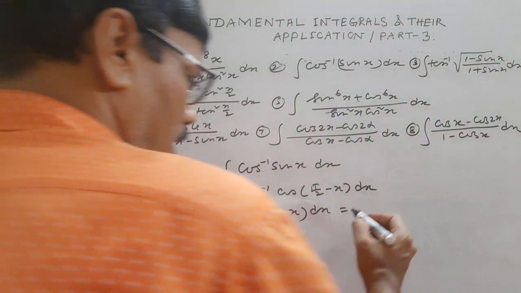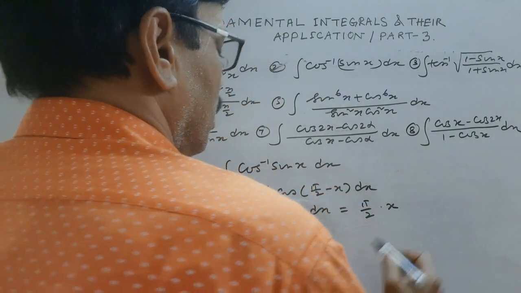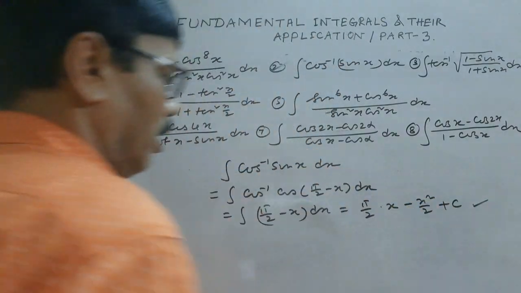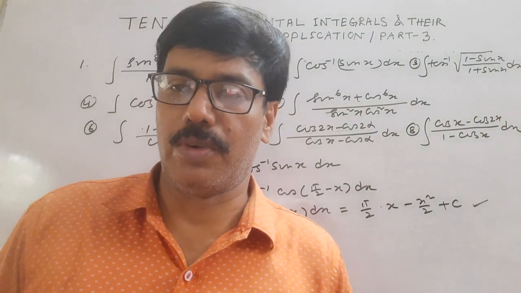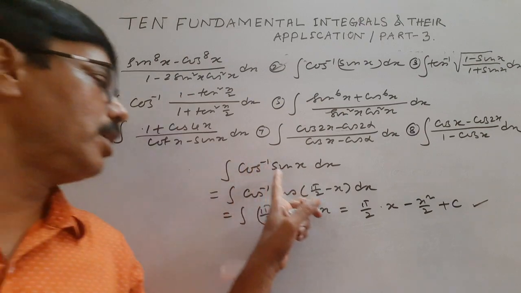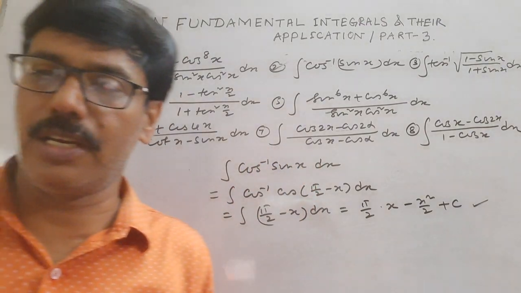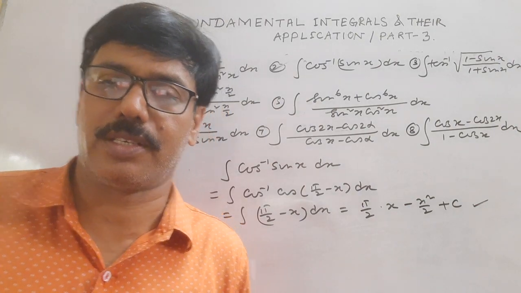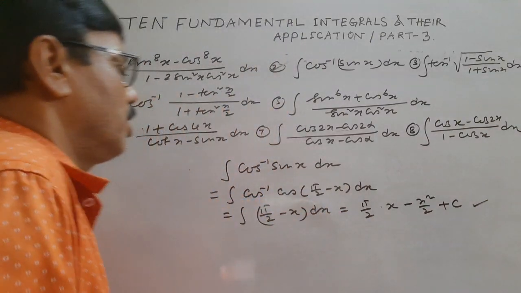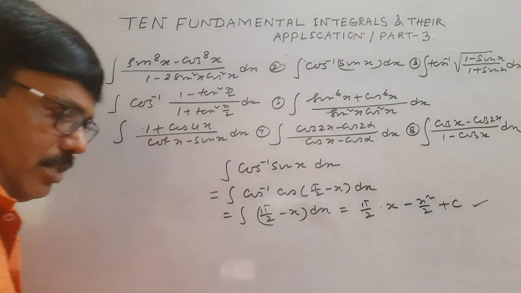And pi by 2 outside, integration of dx is x. And this is minus x square by 2 plus c. This is a 1 mark problem. Now we can perform sin inverse cos x, cos inverse sin x, tan inverse cot x, cot inverse tan x, cosec inverse sec x. Because you can convert it in terms of cos, then you can integrate.